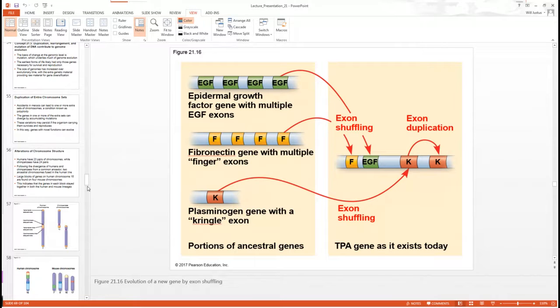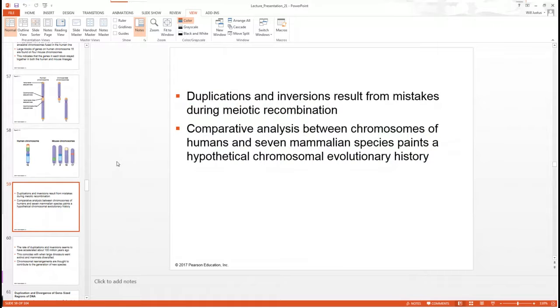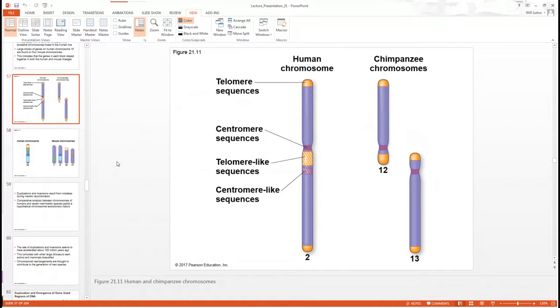The most common way for this to happen is through duplications and inversions. With the human chromosome relative to the chimpanzee chromosome, we can see that the human chromosome has a duplicated section.